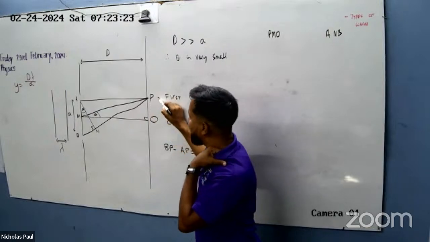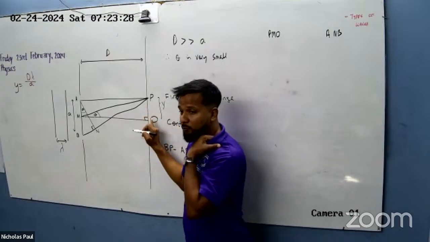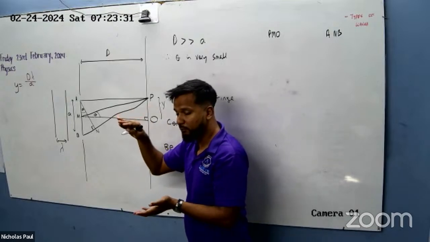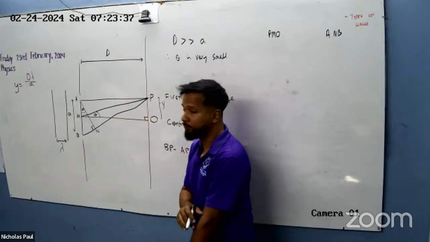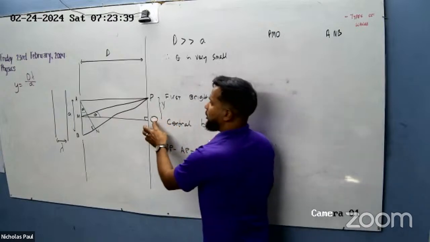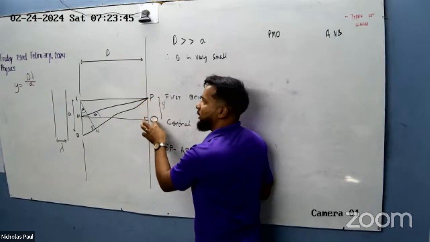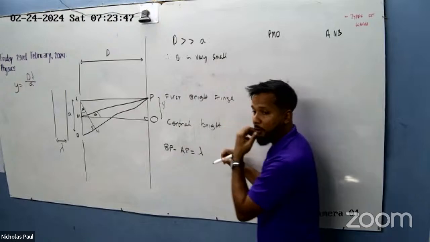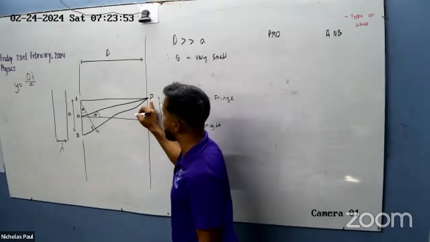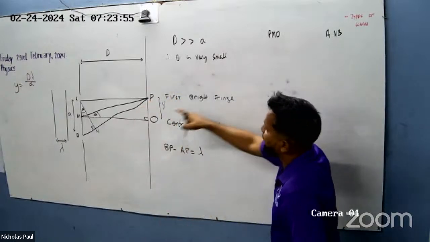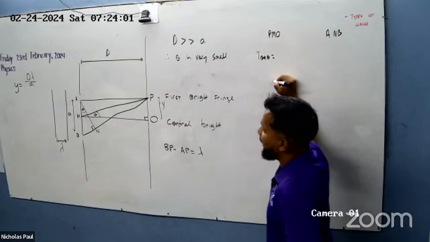O to P, that distance is what? Well, that's Y. O to P is the fringe separation. Remember that? Here is a bright fringe and here is the first bright fringe, so the separation between them is Y. So what is tan theta for PMO?